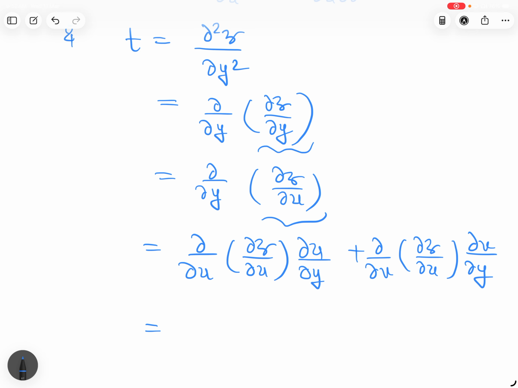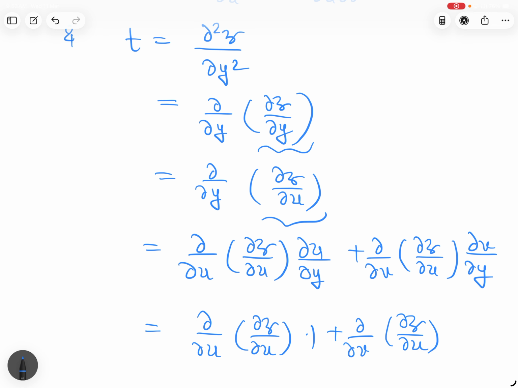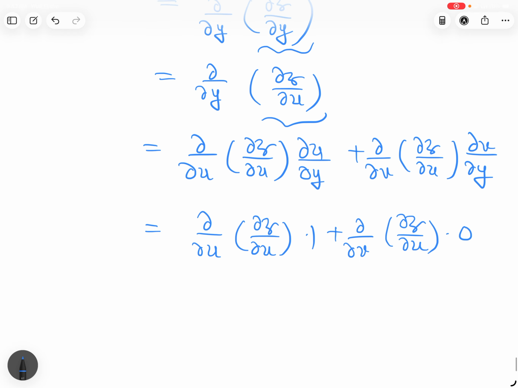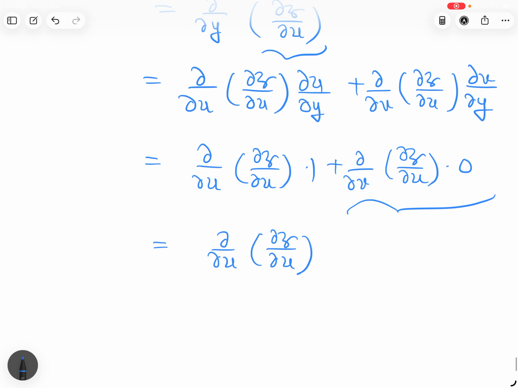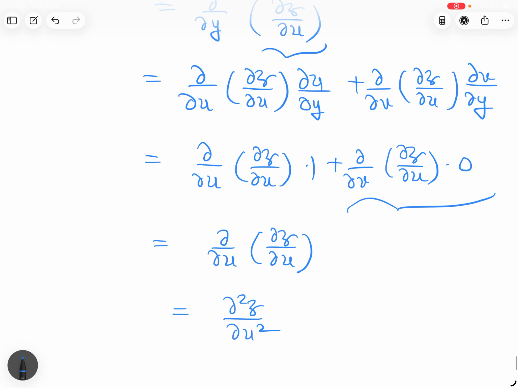It is 1. And del V upon del Y value is 0. So this part will become 0. Solving this part, what you will get? This is del 2Z del U square. So I got this value.